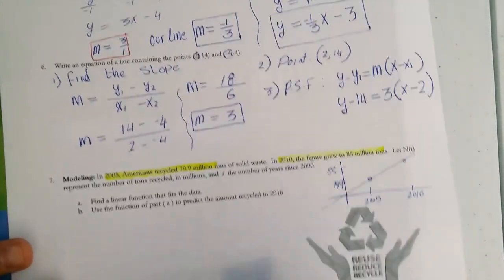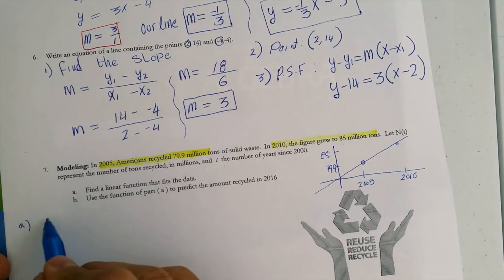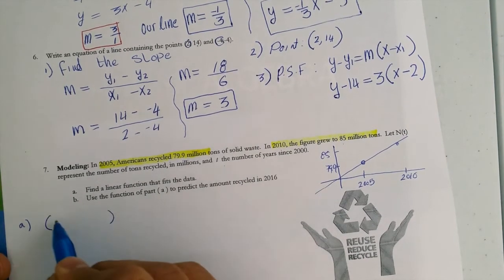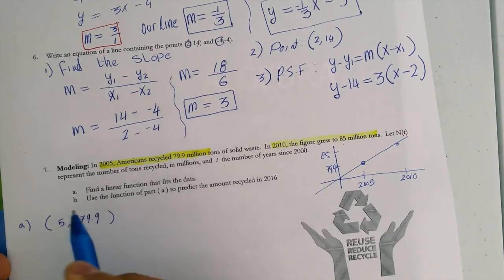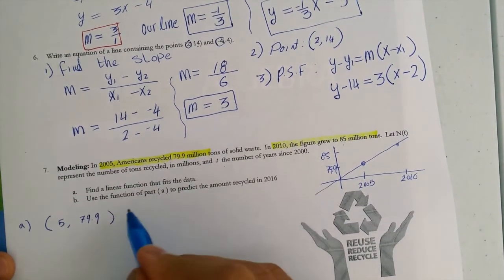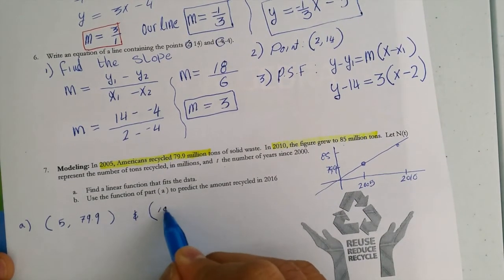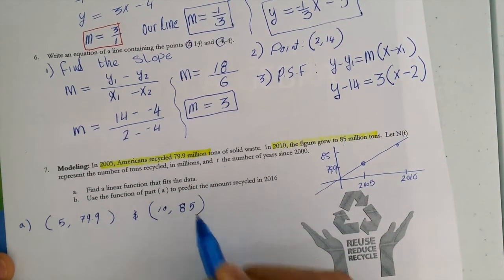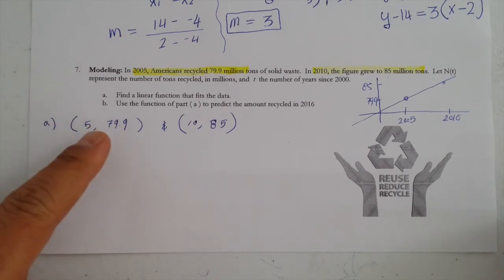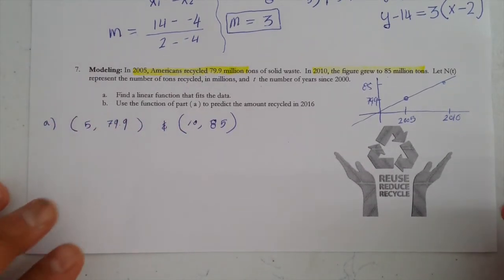The cool thing here is the two highlighted pieces of information give us 2 points. I use 5 for 2005, and 10 for 2010. Since we have 2 points, we can now find the slope.